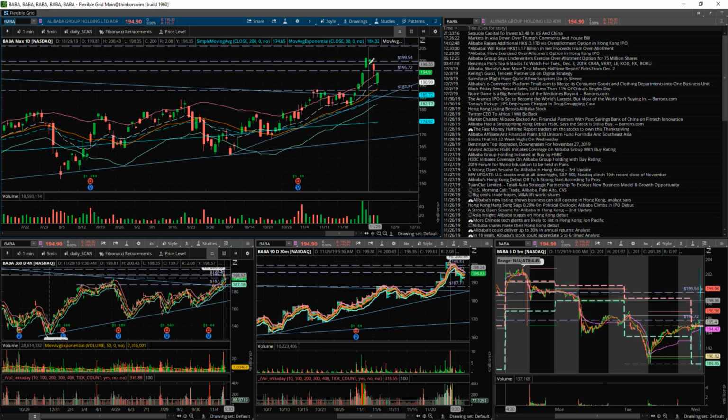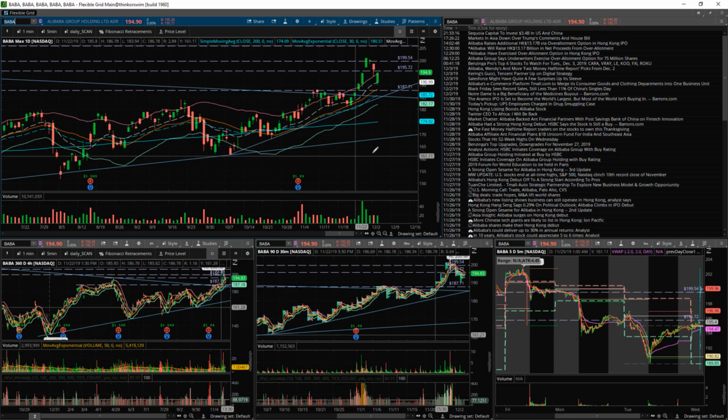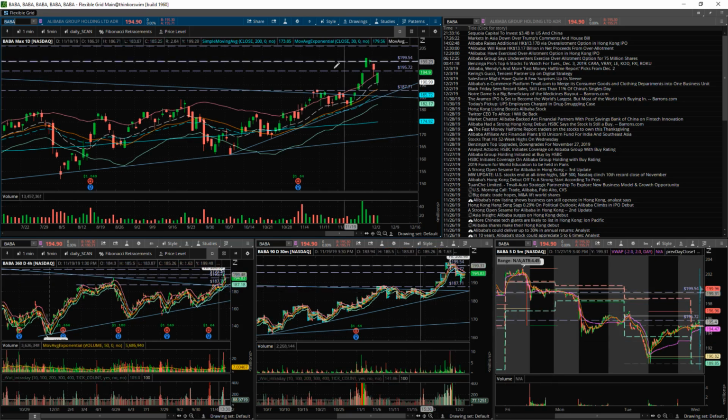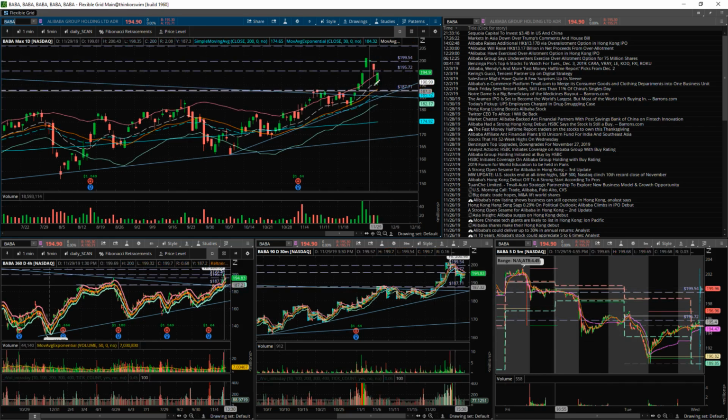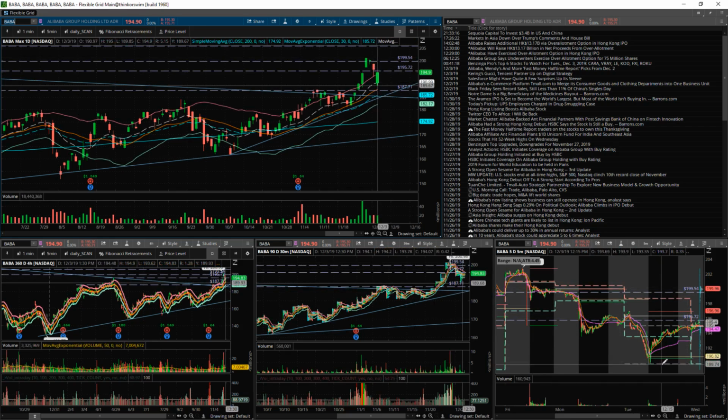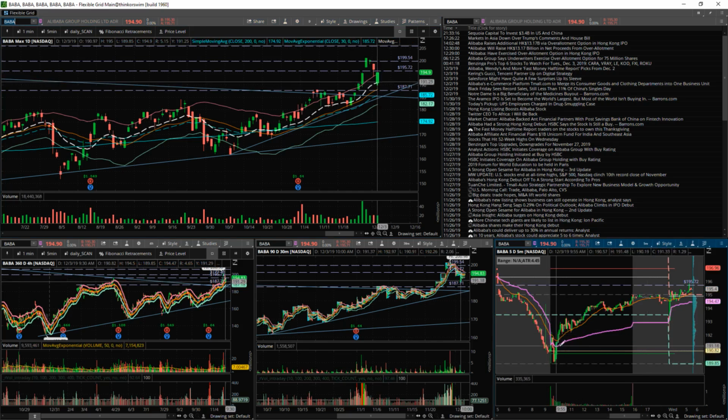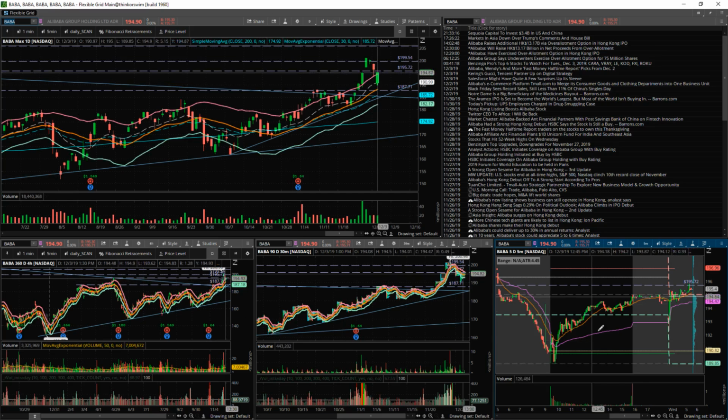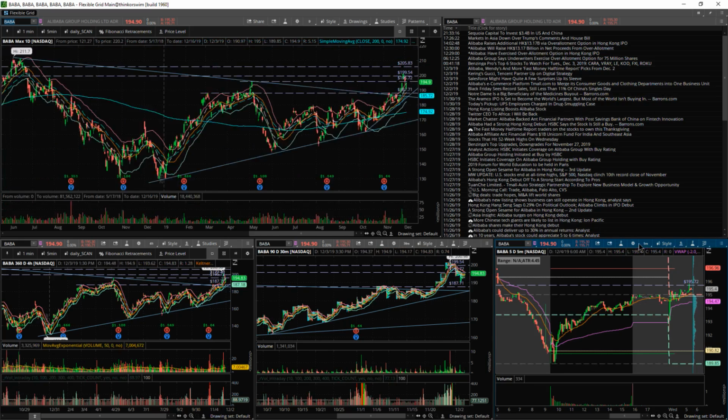I started my parabolic short on this day, when it didn't hold 200, and covered into the gap down yesterday, and went long when it broke the opening range here. I went long a little bit, and that seems to be paying out quite well now.